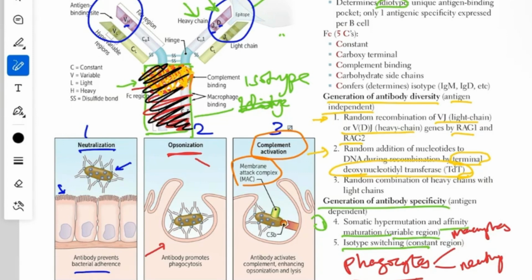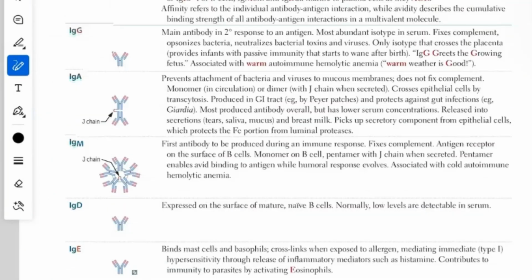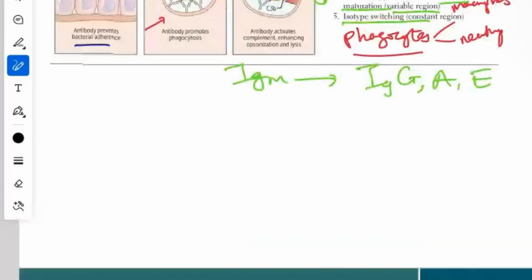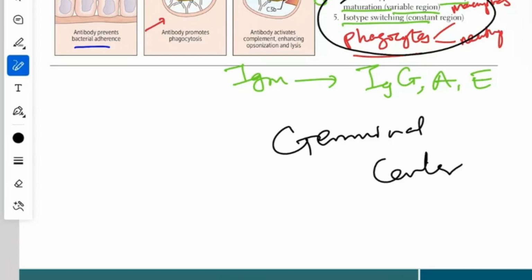So it will switch the Fc of the IgM to the Fc of the IgG or IgA. Once it puts an Fc portion of, say, IgG, it starts secreting antibodies of the IgG type. Okay, so that's that. Both of these processes are happening in the germinal centers of the secondary follicles, right?